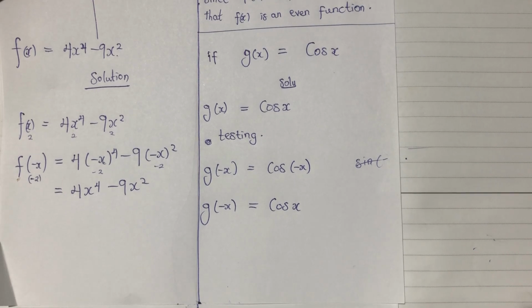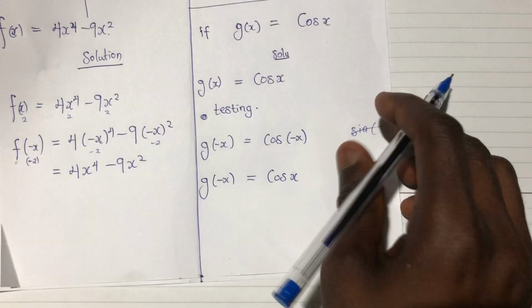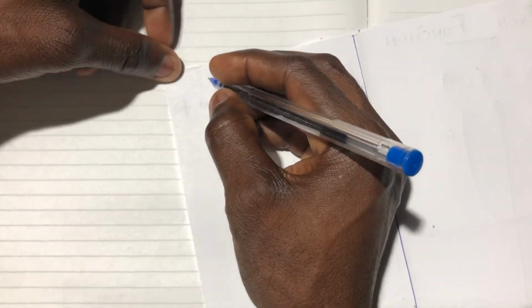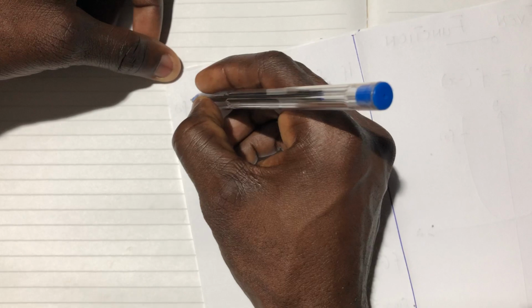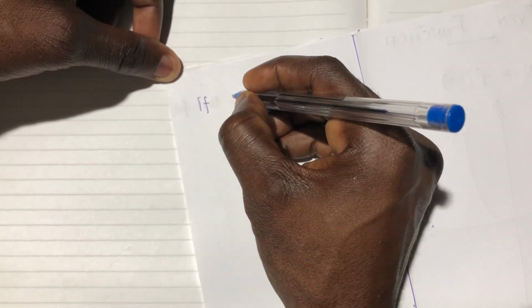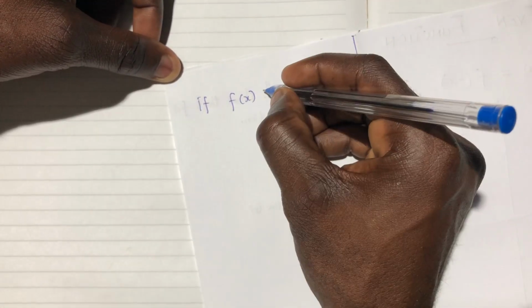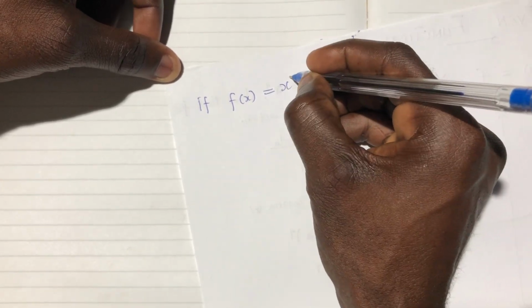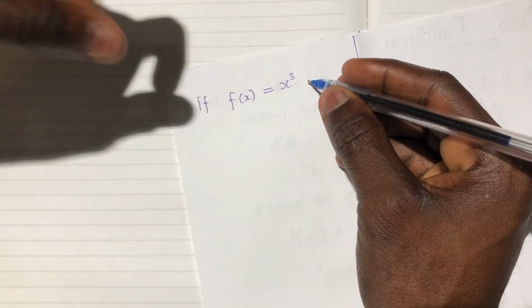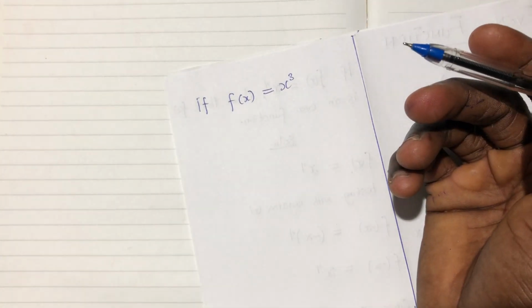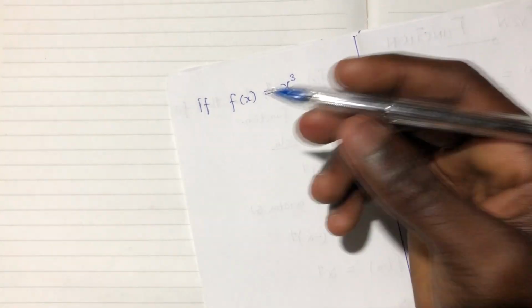Let's see if we can take another example. I don't think we need to worry ourselves with other examples. So let's take one example that will give us a different answer and see something. What if we have something like, we said if f of x equals, say, x raised to the power 3, show whether f of x is an even function or not.